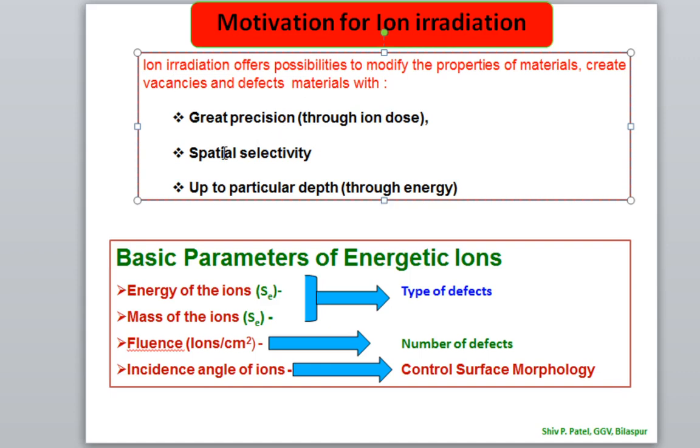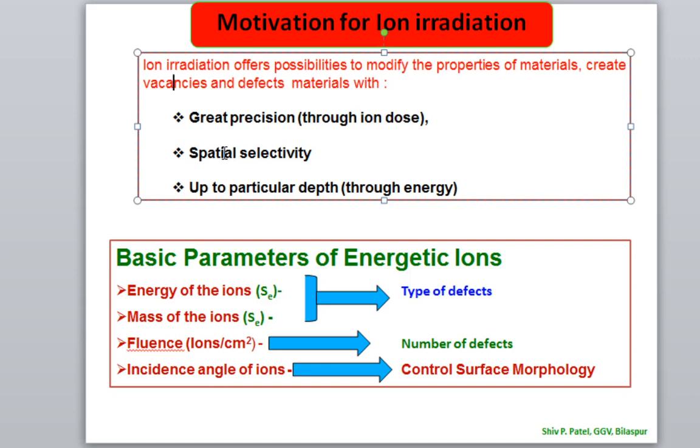Another thing is spatial selectivity. Spatial selectivity means, let us say you have a 1 by 1 centimeter sample, and you want only a 5 mm by 5 mm modification in your sample, and in the other 5 mm by 5 mm you don't want any modification. You cannot do this using other techniques, like solid phase thermal annealing.